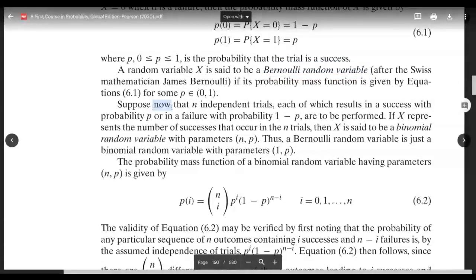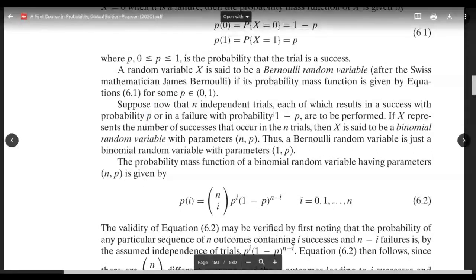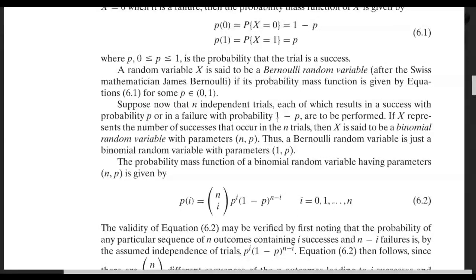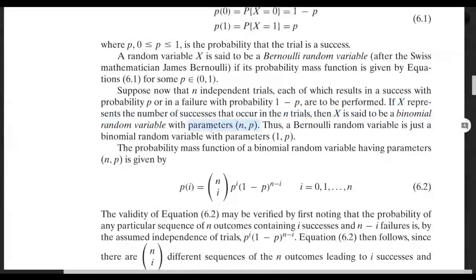Suppose now that independent trials, each of which results in a success with probability p or a failure with probability 1 minus p, are to be performed. If X represents the number of successes that occur in the n trials, then X is said to be a binomial random variable with parameters (n, p). n trials, probability of success is p.